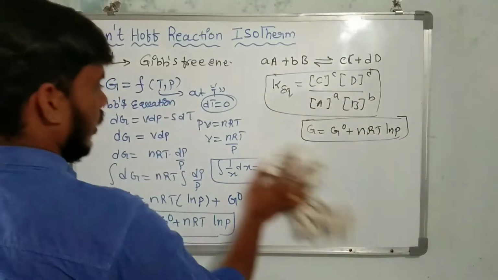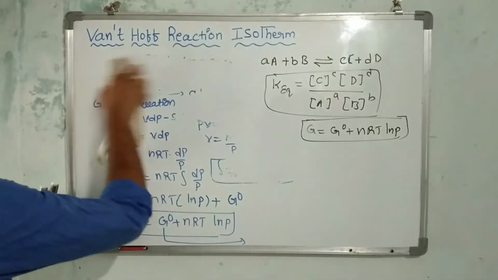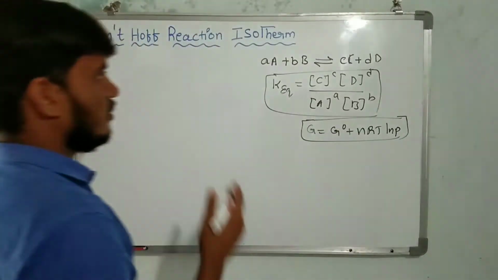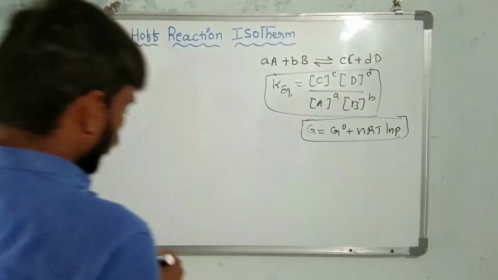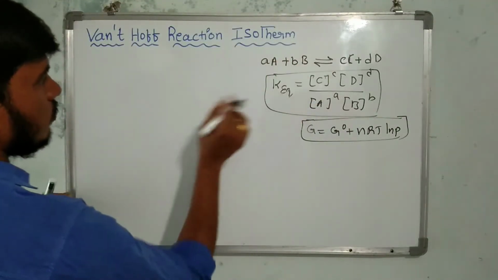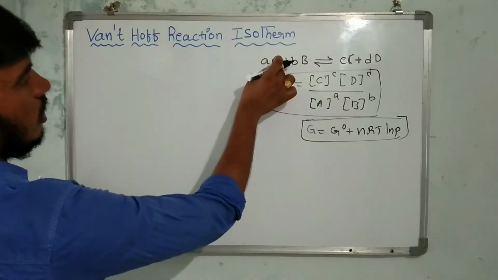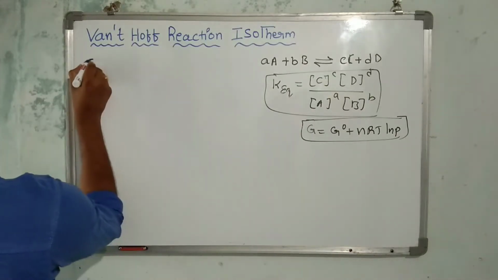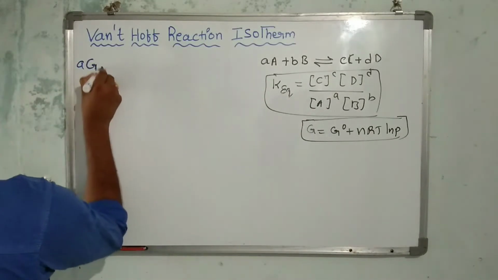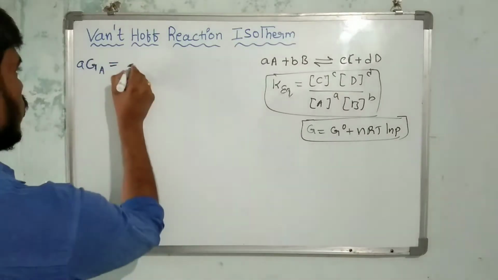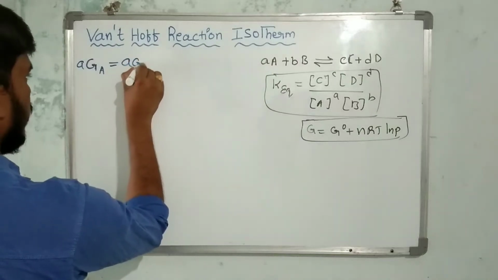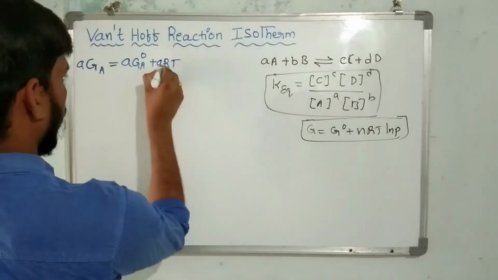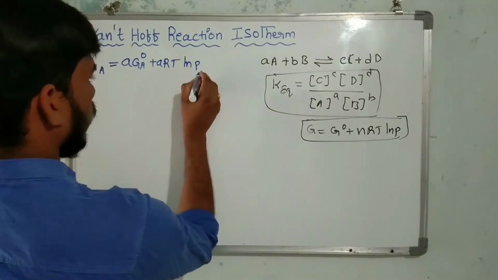Now we have to find the relation between the Gibbs free energy G and the equilibrium constant. For this chemical reaction, the Gibbs free energy of component A is Ga equal to a times Ga naught plus aRT into ln PA.